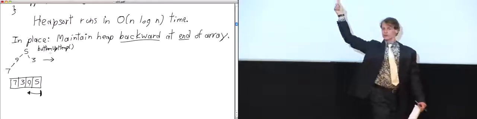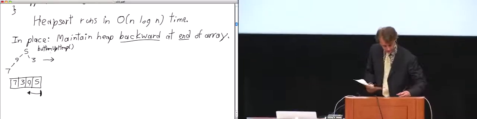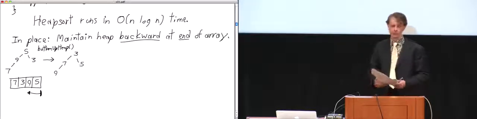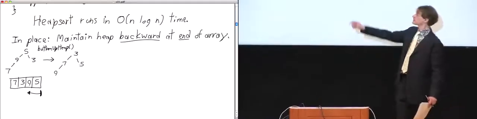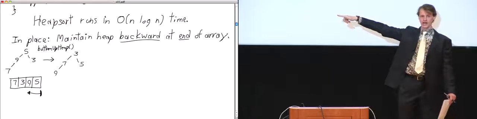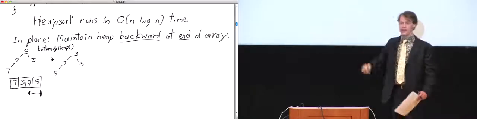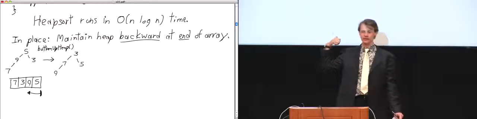Then it visits the root, the 5, and bubbles the 5 down. So after you do that, you're going to get a tree that looks like this. Two swaps took place. The 9 got traded with its child, the 7. The 5 got swapped with its child, the 3. And now this satisfies the heap order property. This is actually a real heap now.